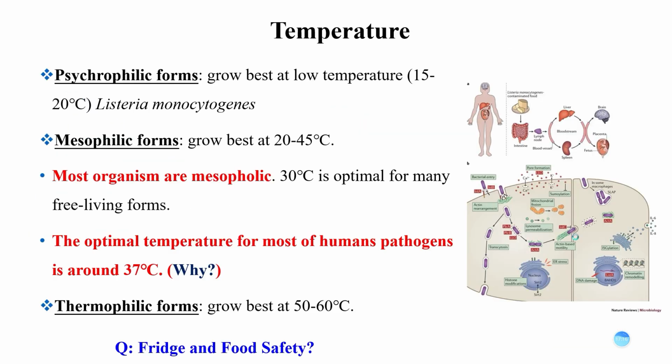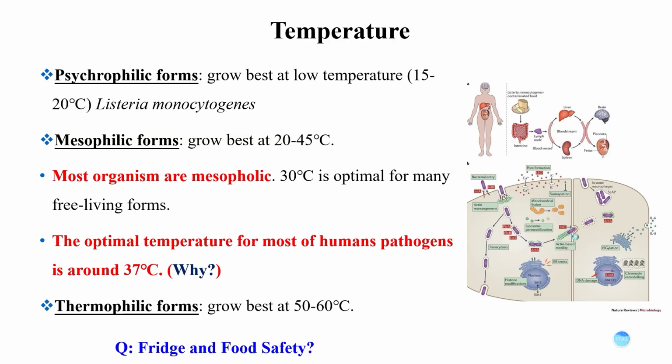Okay, except for these essential nutrients, we need to also provide the proper physical or chemical condition to support the bacterial growth. The most important one is temperature. For each specific species, you need to provide the proper temperature. Like some bacteria, actually, they don't prefer a high temperature. They like a low temperature.